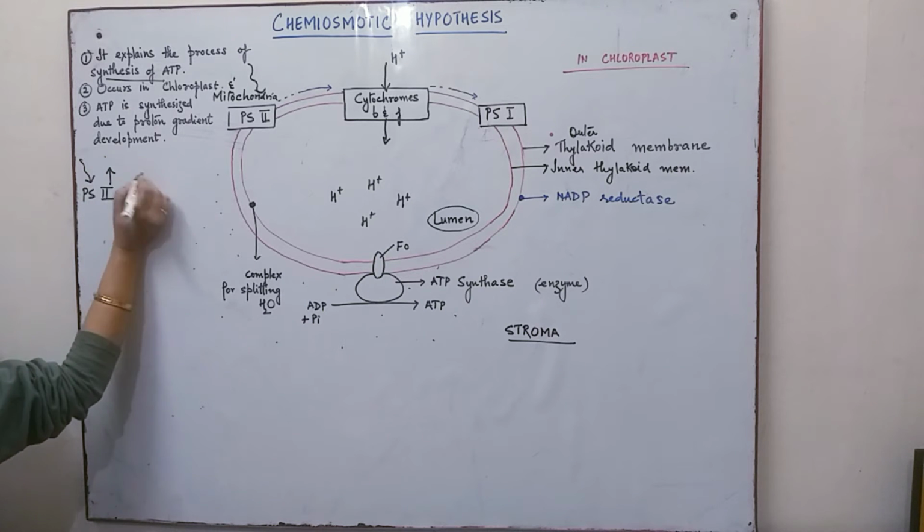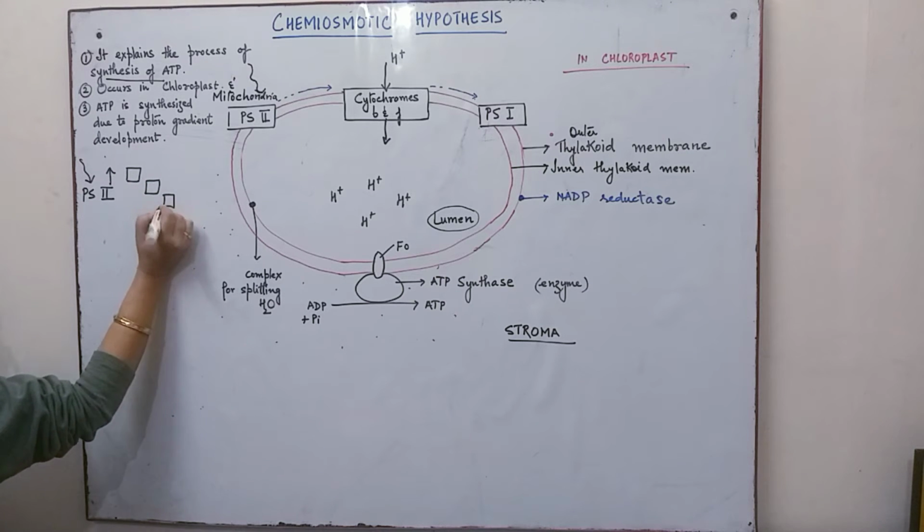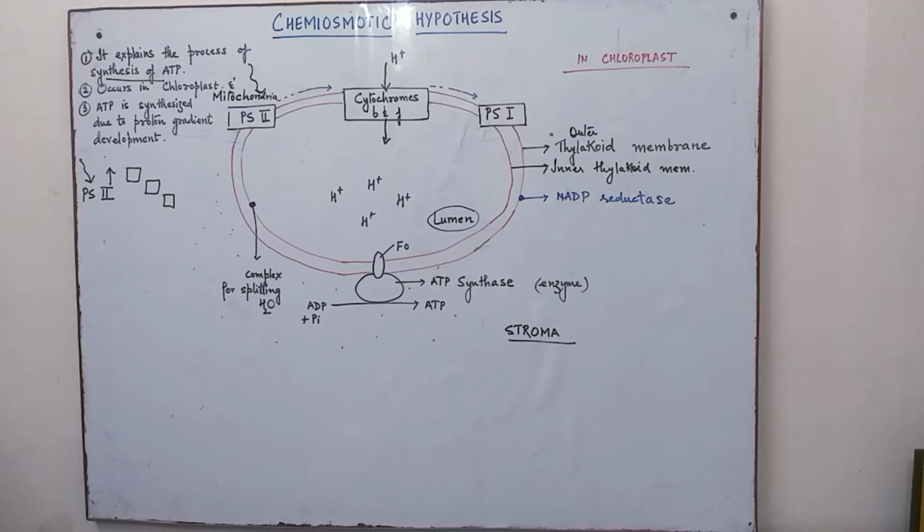When the light energy falls on PS2, there is a primary electron acceptor, and then there are three other electron carriers: plastoquinone, followed by the cytochrome, and finally the plastocyanin.